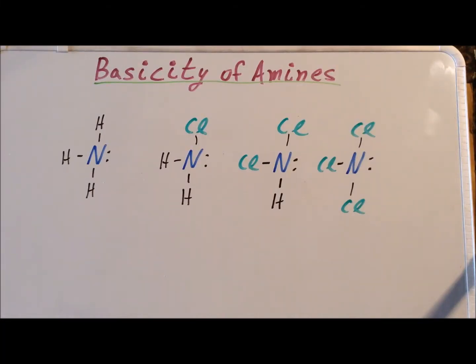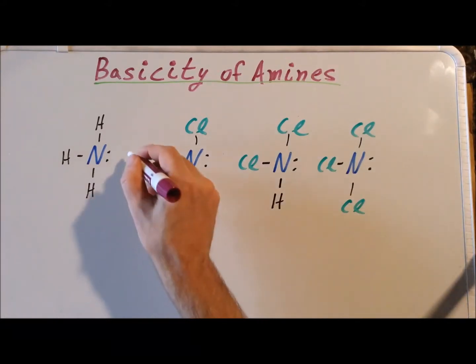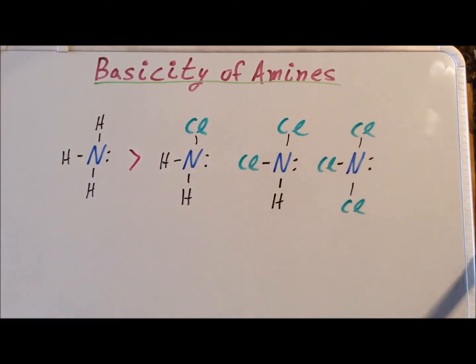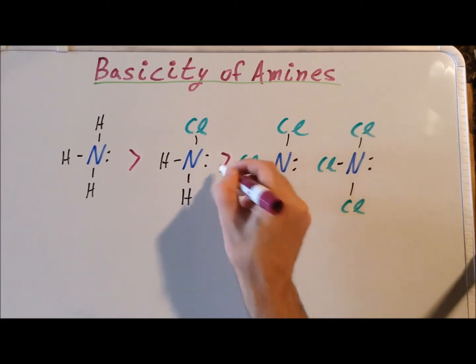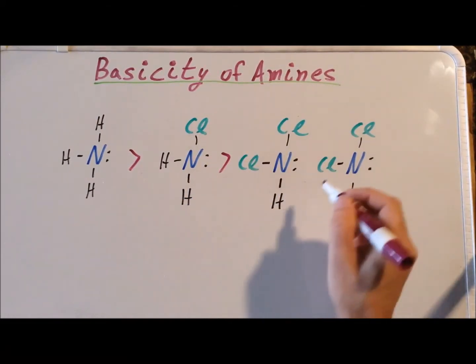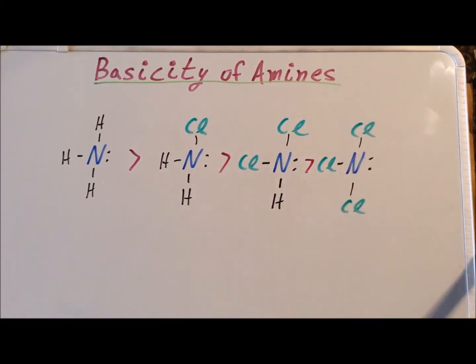So again, based on our understanding of electron withdrawing groups, we can put these in order, and we realize again that ammonia is the strongest base, chloramine is the second, dichloramine is the third, and nitrogen trichloride is the weakest base of this entire series.